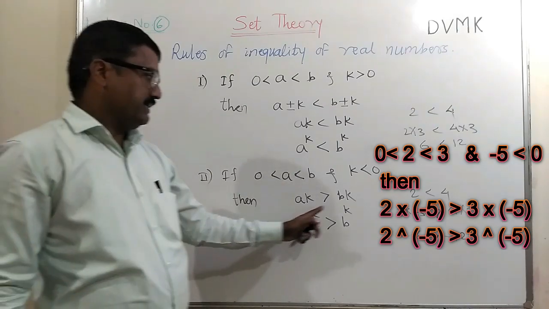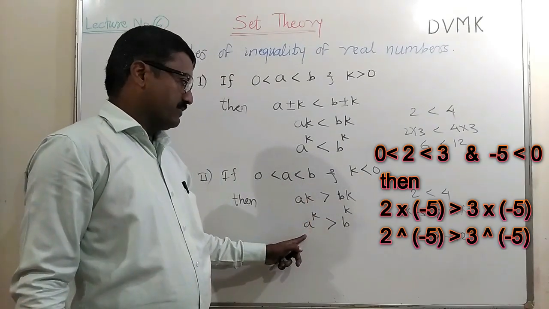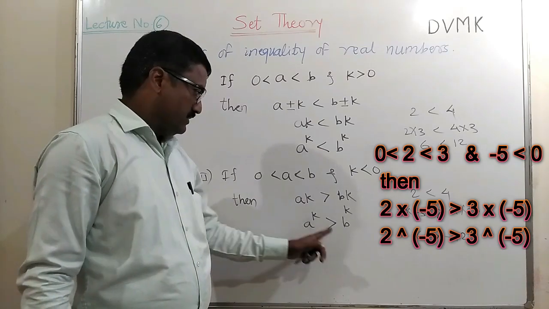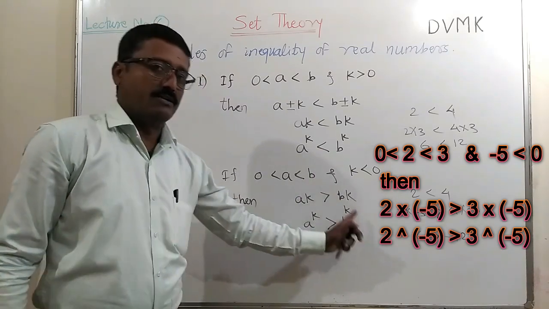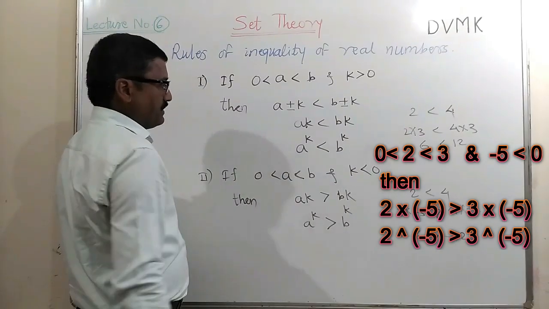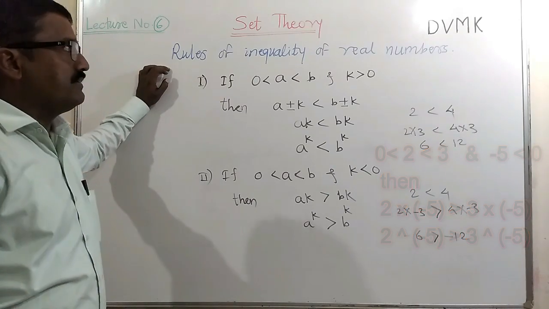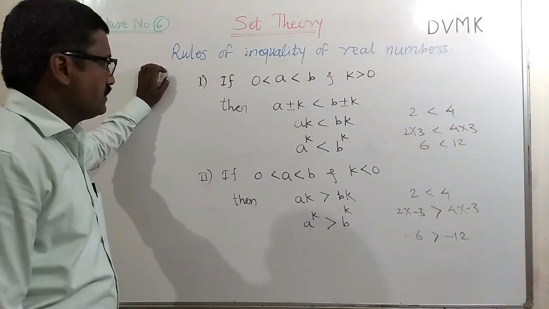So we are taking negative powers of A and B. Whenever A is less than B, the negative power of A is greater than the same negative power of B. So those are the different properties here. Remember these two important rules of inequality of real numbers.